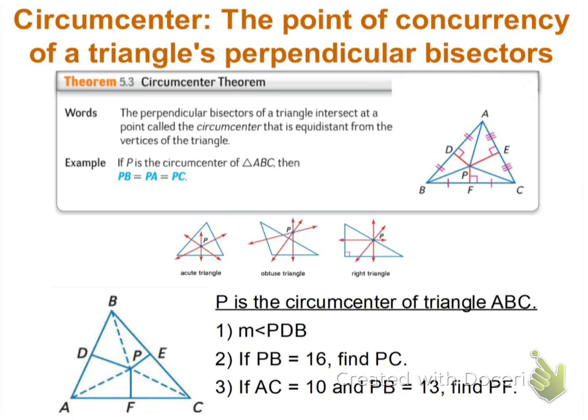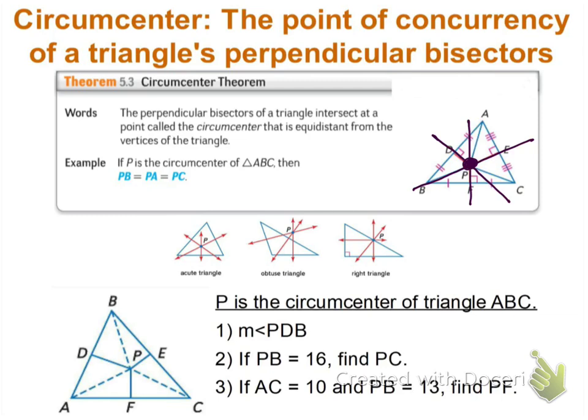So if you look at this picture over here, you can see that I have all types of perpendicular bisectors, and these are actually cut off. So I have one here, I have one here, and I have one, this is a really bad picture, but I have one here. And so this point right here where they are all intersecting is your circumcenter.